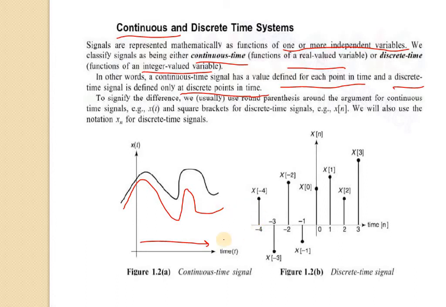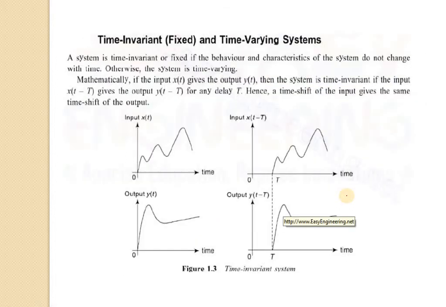That means these are the discrete points. These are not continuous. At point 0, the signal is here. At point 1, the signal is here. At point 2, signal is here, like that way. In discrete points of time, the signals are presented. Okay. So this is basically a continuous and discrete time signal system.